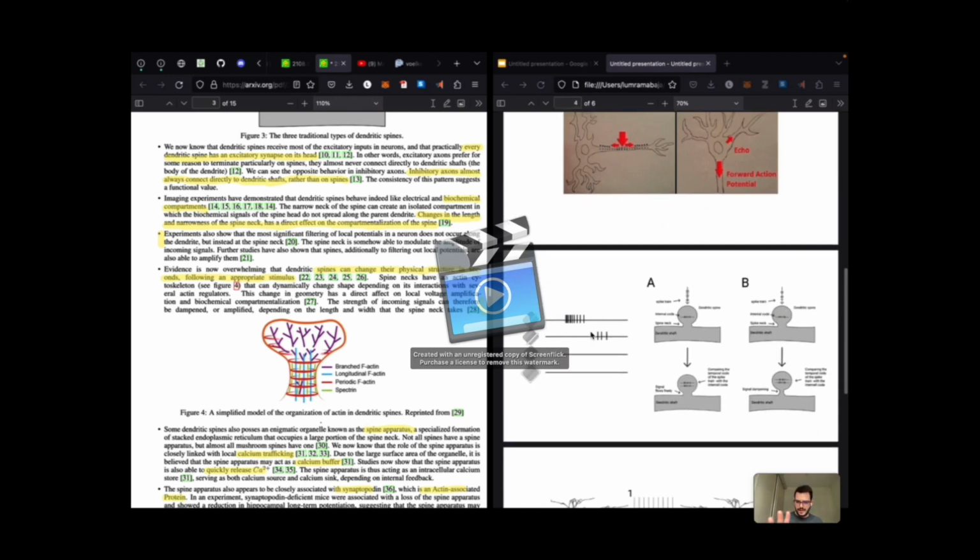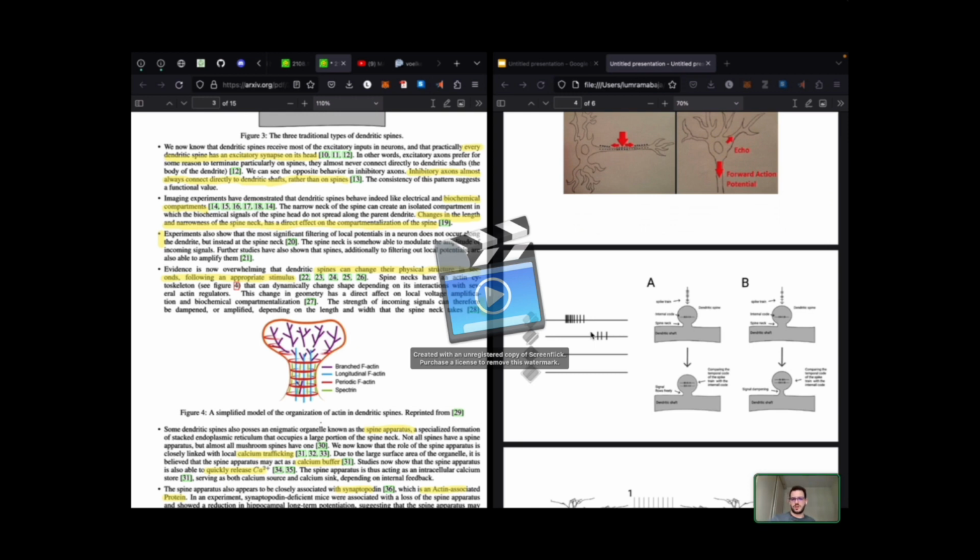So now I'm going to go into the details of the actual algorithm. For that, we have to understand what these dendritic spines actually do. In schools and universities, students usually learn that the dendrite of a neuron essentially performs the integration of input signals.